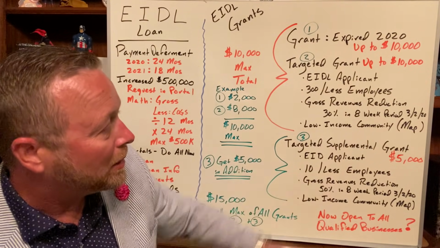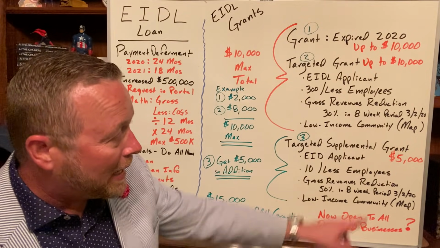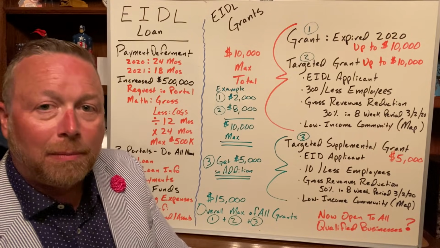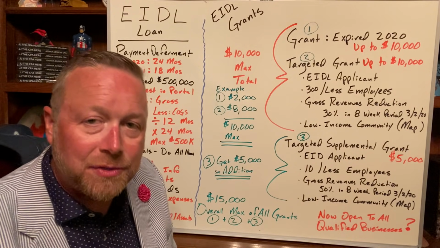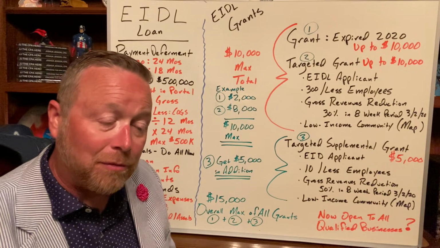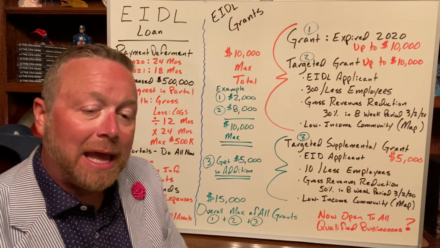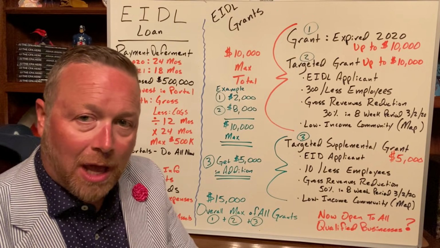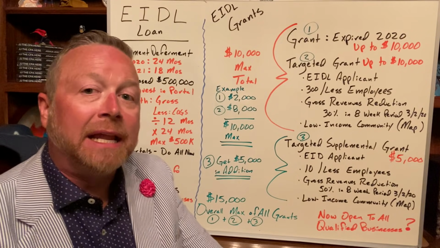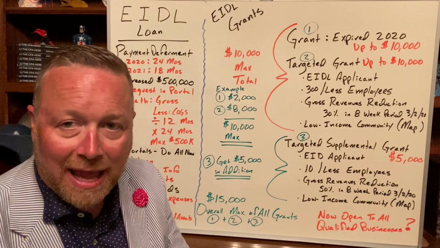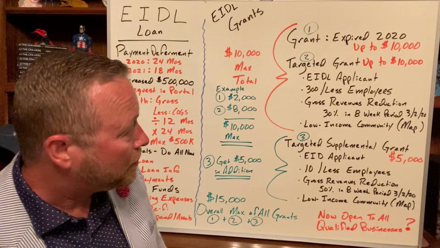And then you have to be in a low-income community, and the SBA has put together a map where you can look up the address of your business and determine if your business is in a low-income community. Unfortunately, the SBA has made it clear that you might be a business serving customers in a low-income community, but that doesn't qualify you. That's directly in the FAQs that you have a link to.